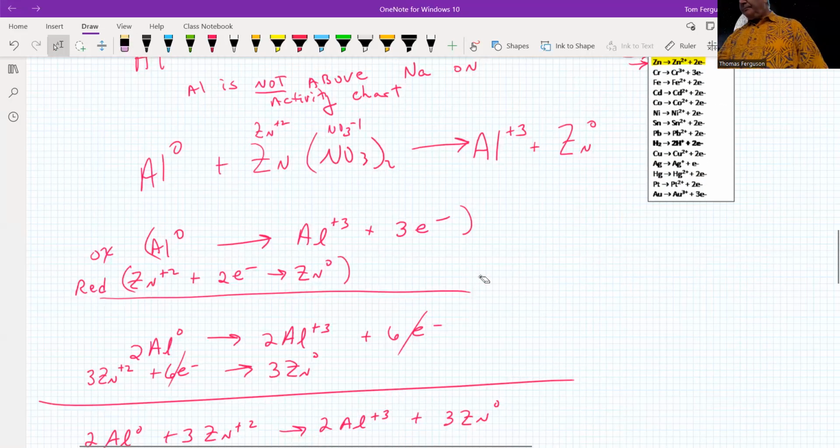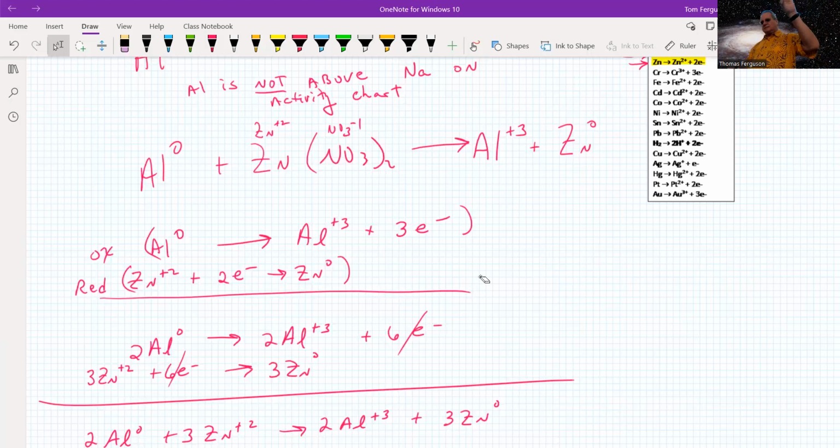Okay, so we have aluminum metal going to aluminum +3. And the zinc +2 goes to zinc 0. When aluminum loses 3 electrons, something's got to catch those 3 electrons, which is the zinc. The problem is the zinc can only catch 2 at a time. So we've got to modify these numbers.